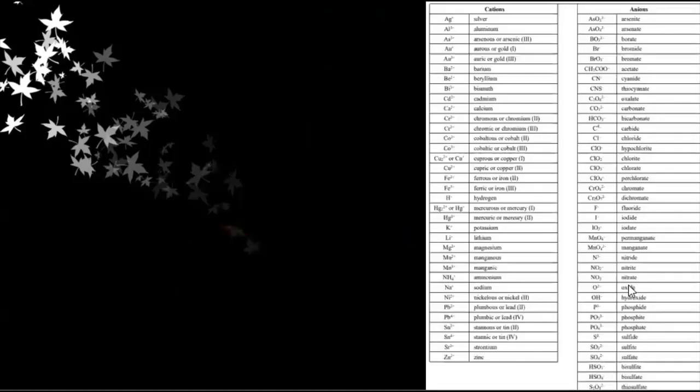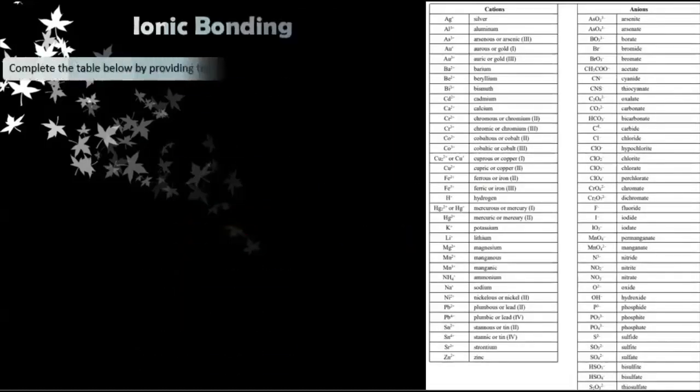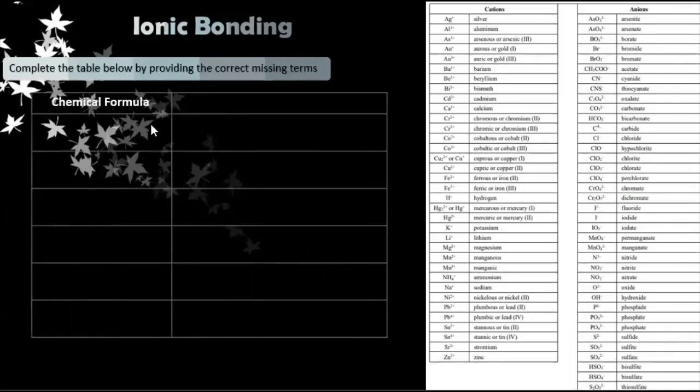Okay, let's have more examples. Complete the table by providing the correct missing terms. On the first column, we have the chemical formula, and on the second column, we have the chemical name. Chemical name for Sn3(PO3)2.